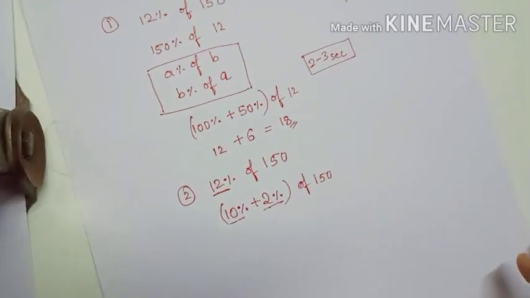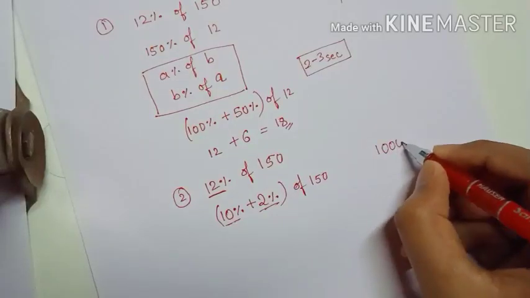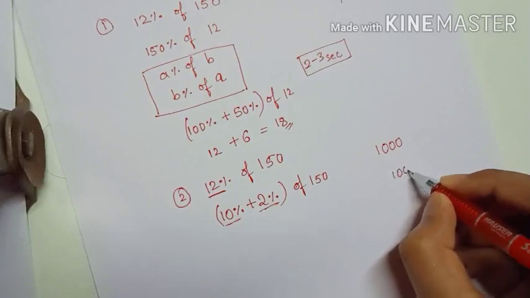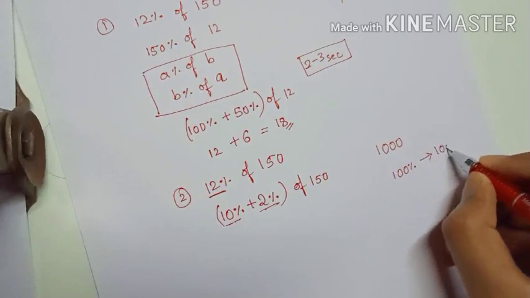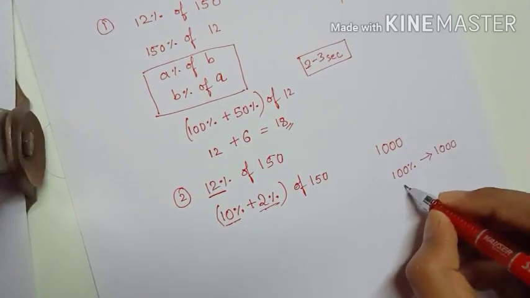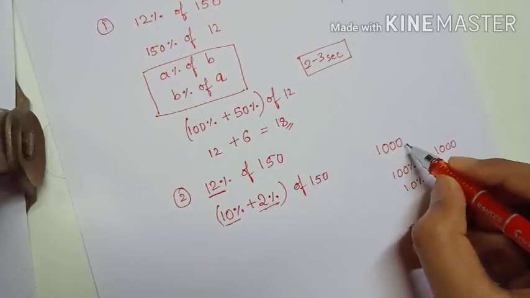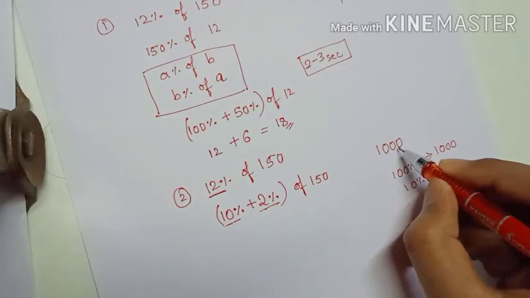Listen here very carefully. Suppose the given number is 1000. What is 100% of 1000? It is 1000. Now if you want to calculate 10%, you have to put the decimal point just before the last digit.